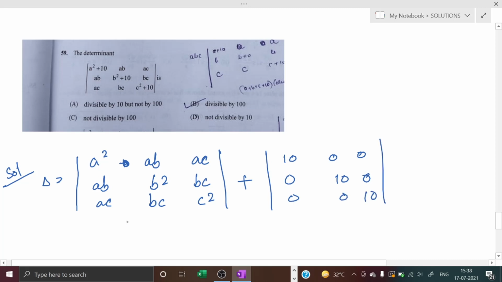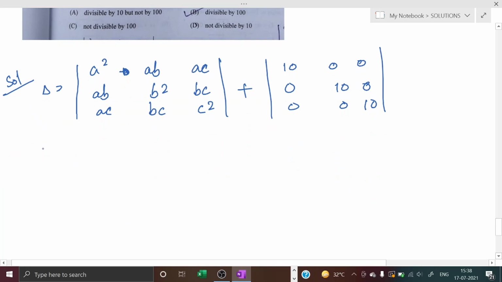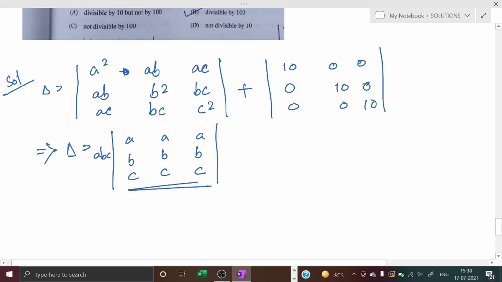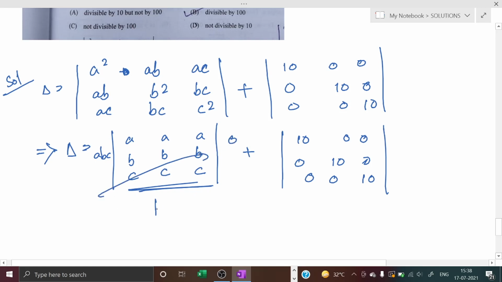Now in this, take A from the first column, B from the second, and C from the third, you get ABC, ABC, ABC. So whenever you have two rows in common, and here all three rows are common, this will be 0.